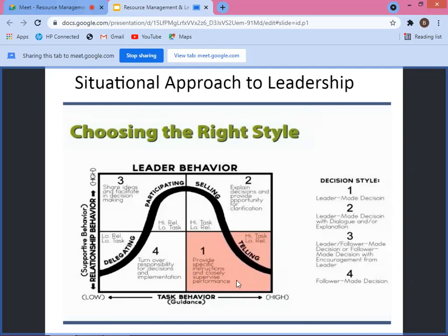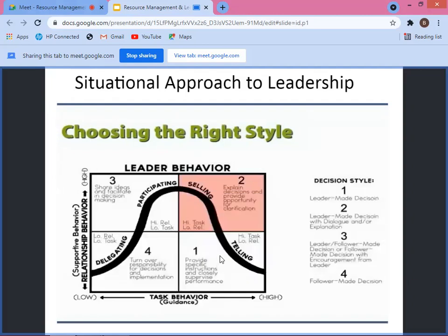Then let's go to number 2, the selling style. Explain the decisions and provide opportunity for clarification. This is high task and high relationship. This is leader mode decision with dialogue and explanation. You're selling ideas.